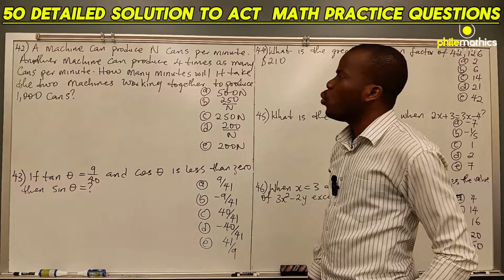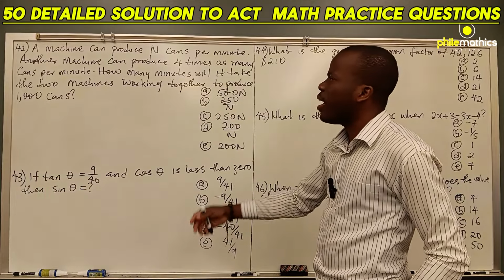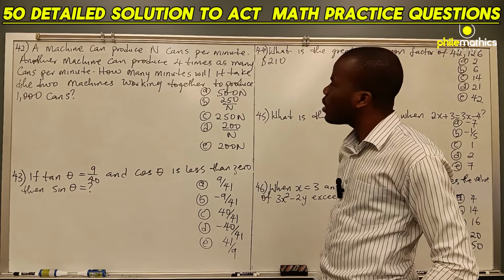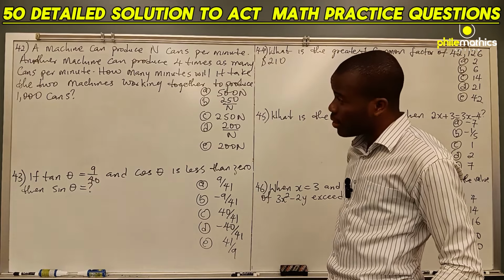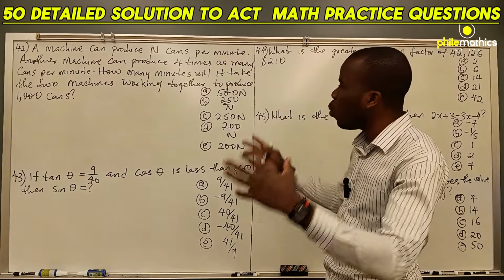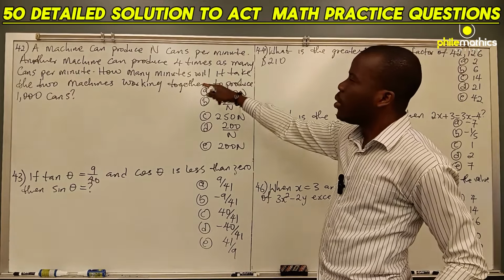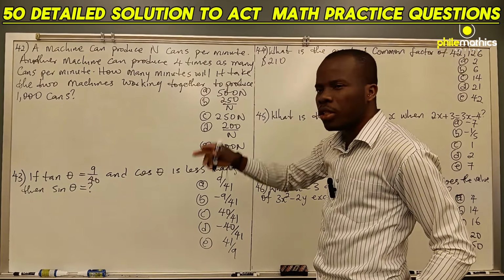For question 42, a machine can produce n cans per minute. Another machine can produce 4 times as many cans per minute. How many minutes will it take the two machines working together to produce 1,000 cans? So we're looking for the number of minutes.